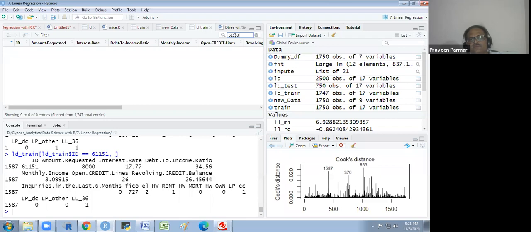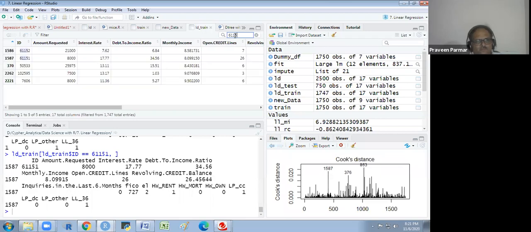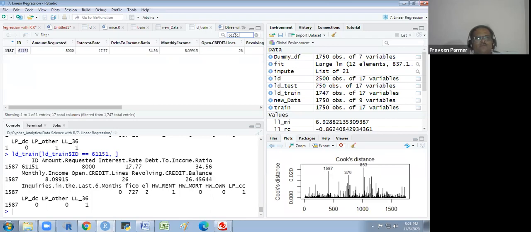61151. So this is my 1587, and it is not showing me which actual index is here. Okay, it is the previous indexing, but here it is like below 500.